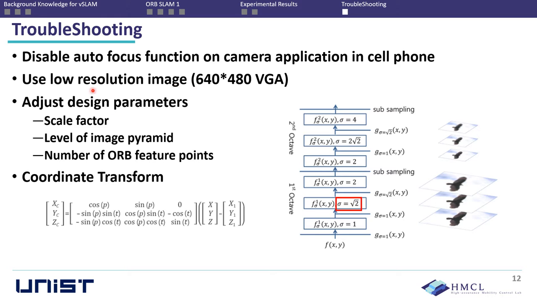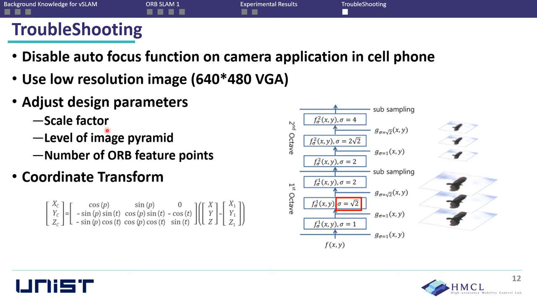Second, using low resolution images was required. When I proceeded with VSLAM with full HD resolution, which is 1920 times 1080, the algorithm didn't work due to the heavy computation.